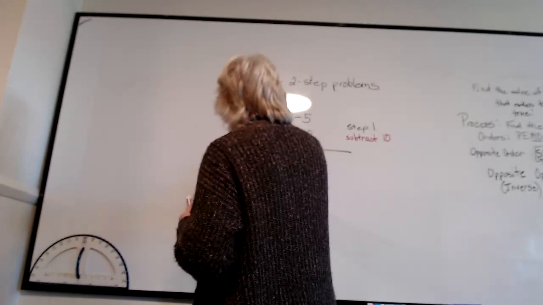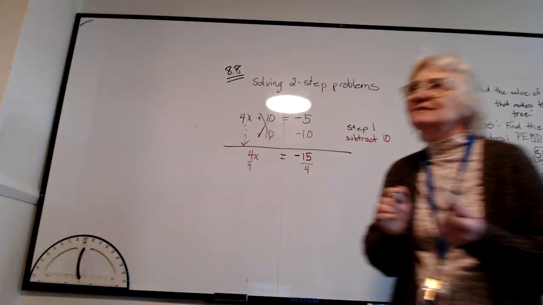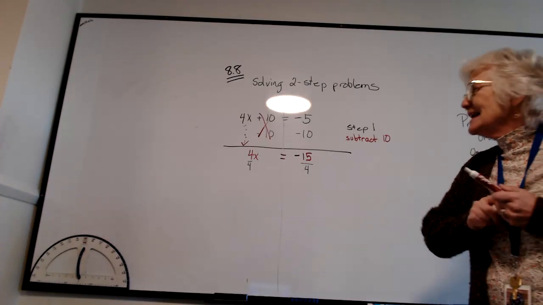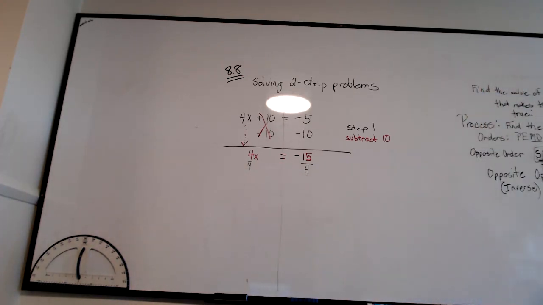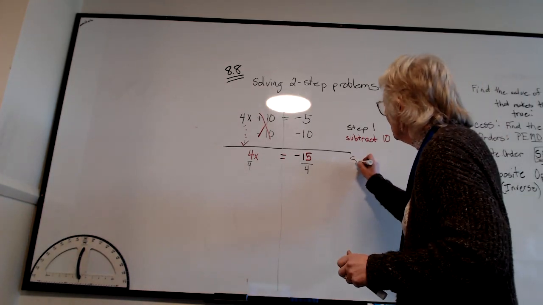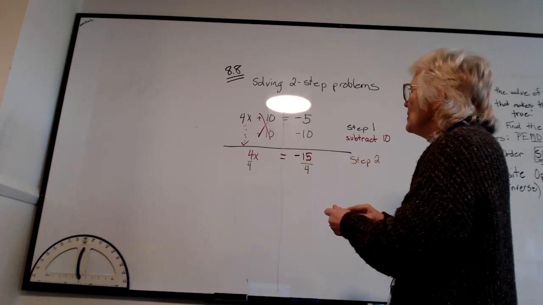A fraction symbol is actually the same thing as a division symbol. We don't use divided by anymore with the line and the 2 dots. We actually use a fraction bar because fraction bars are the same as dividing. So step 2 is going to be to divide by 4.